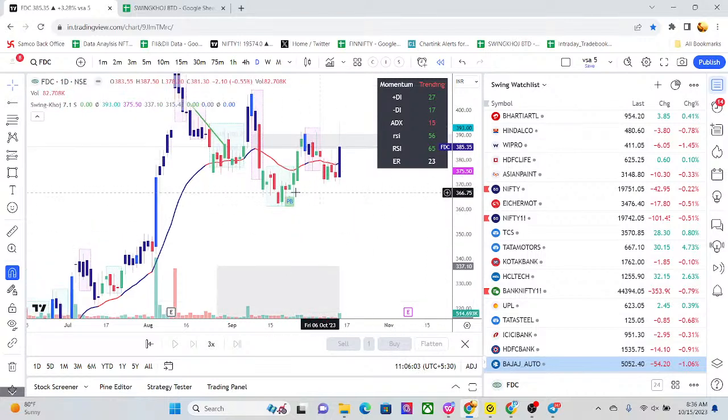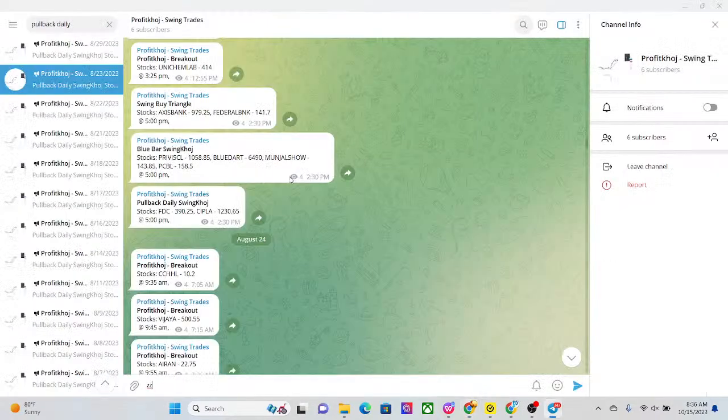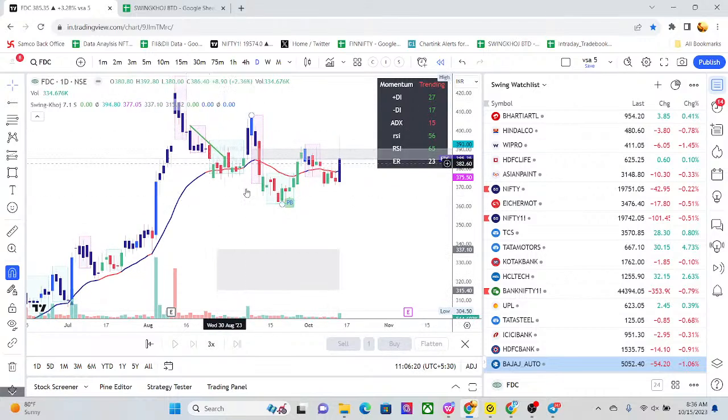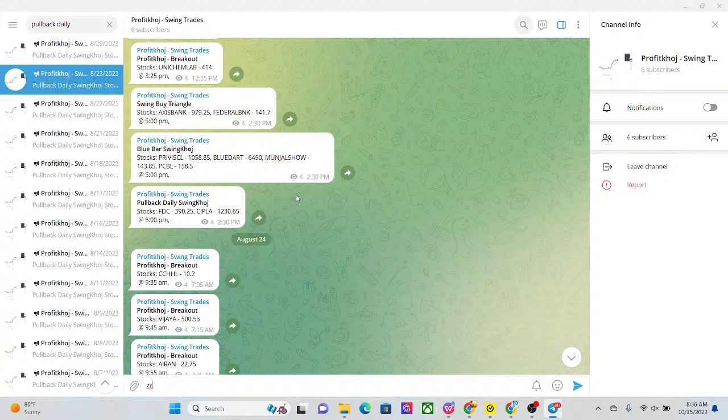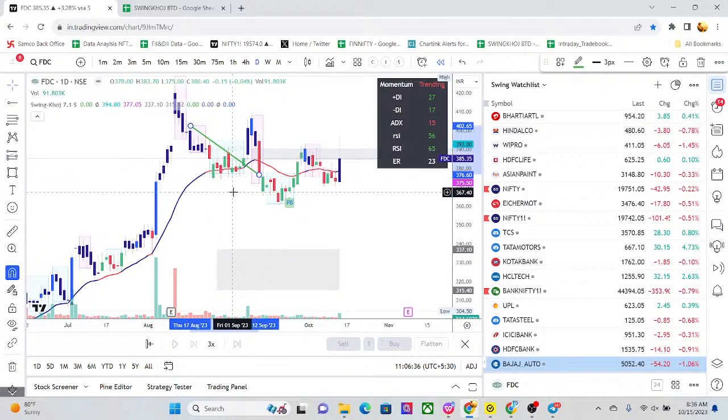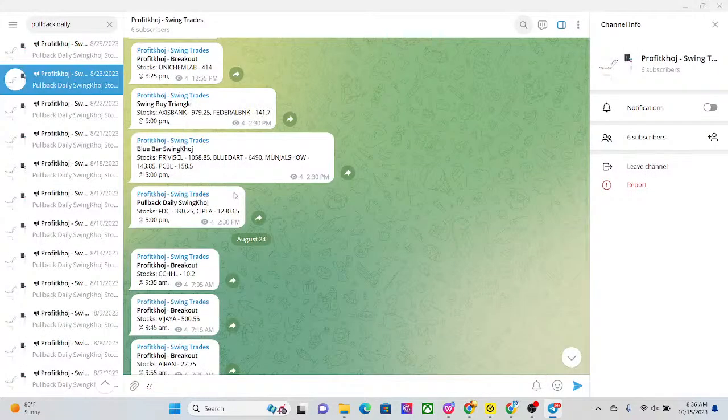We got here, 23 August, somewhere here, and again it might have come here. You can see I already marked the trend line here, but we did not get entry in here. Let's check.